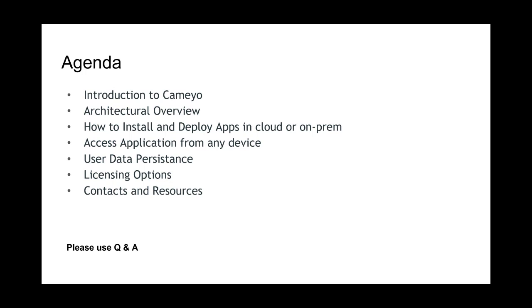How does user data persistence work? What kind of licensing options do we have? And contacts and resources. Now there is a Q&A feature in the webinar Teams client. If you click there, you can type in questions that you may have. So please do that, and I'll try to answer them as we go or in the end.